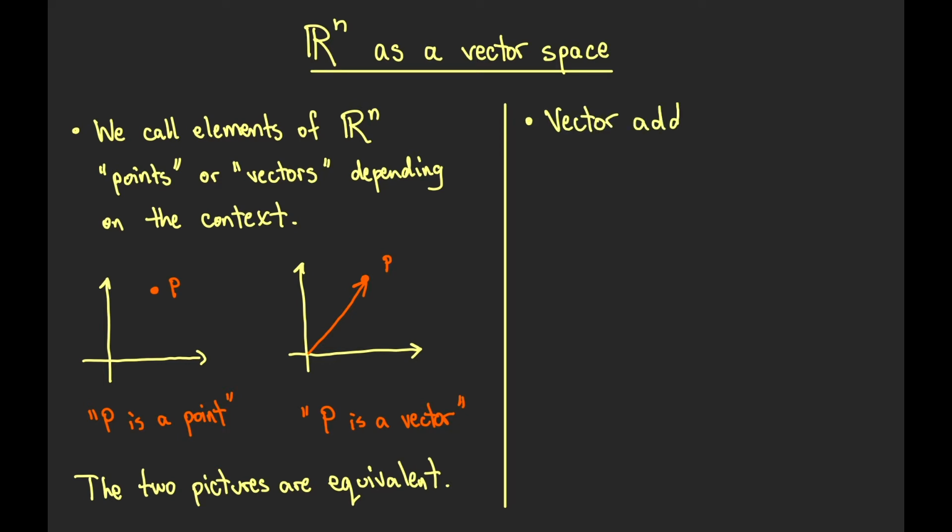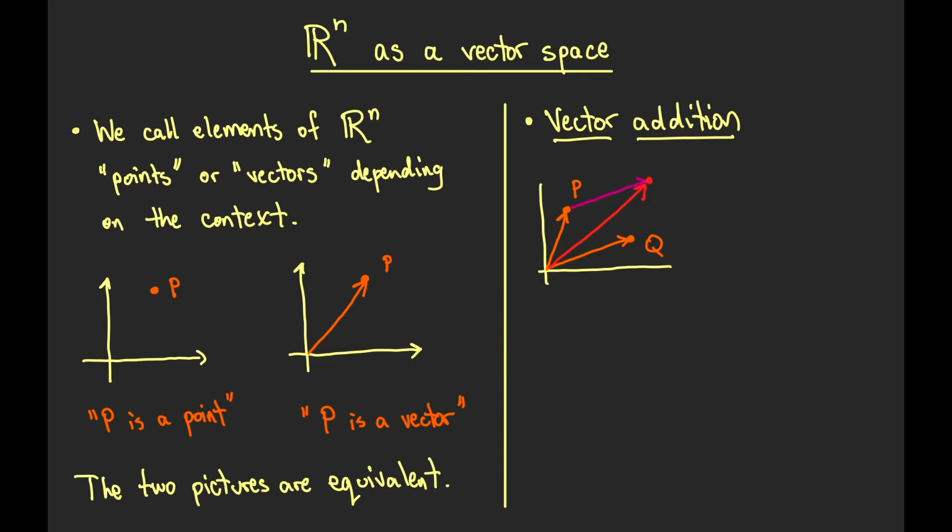Well, vector addition: if you have 2 points or 2 vectors, then you just add up their coordinates to make a new vector. In pictures, this has a nice representation. So if we have 2 points P and Q, say in the plane, we can draw their vectors. And the way that we find P plus Q is we translate the vector Q so that its arrow begins at the tip of P, represented by this purple arrow.